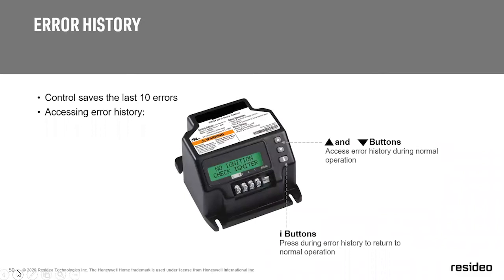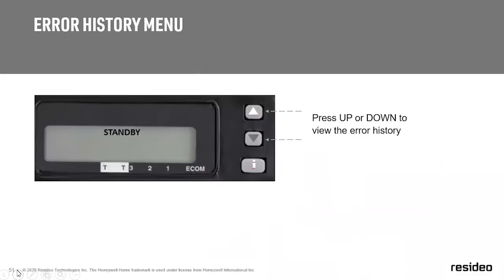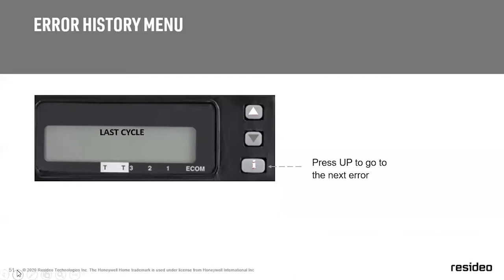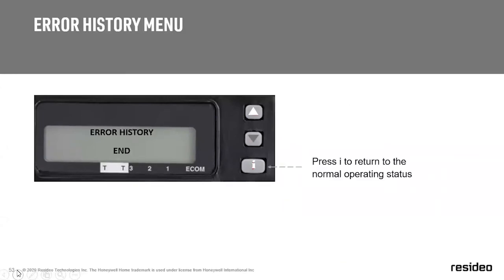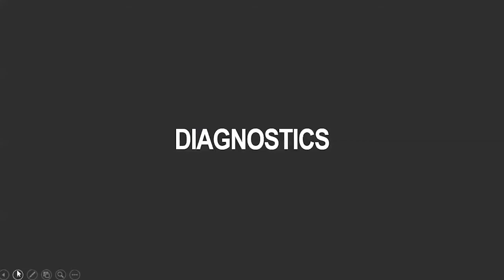If the boiler's running, you don't know what happened, it shut off on the homeowner, it's fine again now, what took place? What's going on with the control? So I can go through this up and down to view the history. Error 1, last cycle. Error 2, 5 cycles ago. And I can end the history, and then I can also clear the history and start from square one again.